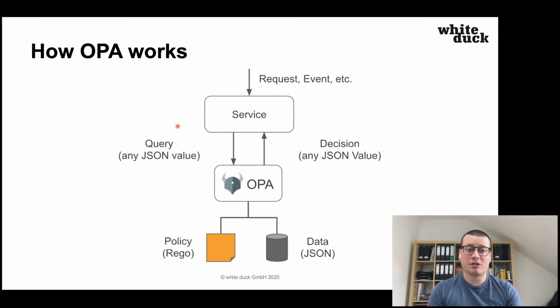So we define our service and tell the service to send any kind of query, which is just JSON data, to the Open Policy Agent, and then Open Policy Agent will use the policies defined and additional data if needed to decide whether this request is allowed or should be denied. And this information, the decision, is then provided back to our service using JSON.